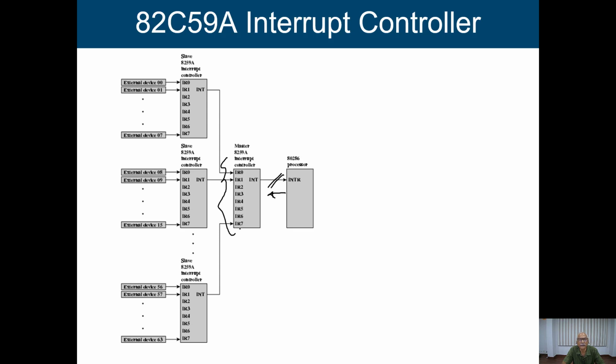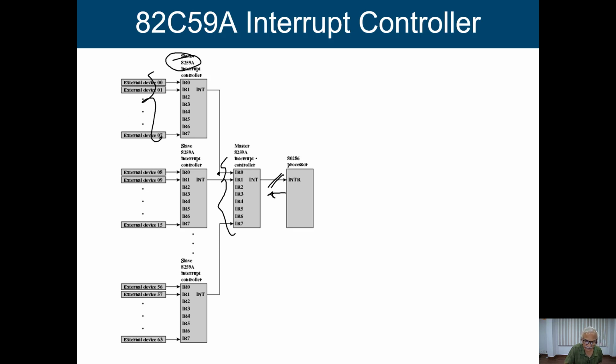But it can be extended for more devices by adding another level. So instead of connecting a device over here, you will connect another 8259 over here. That means this line is now expanded to 8 more lines, so 8 more devices can be connected.